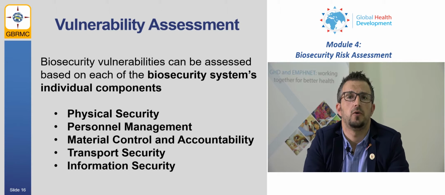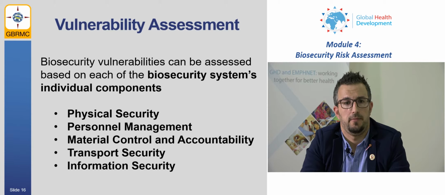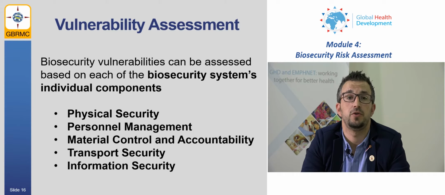And when we talk about personnel management, we talk about the security background check before hiring them, and we should also determine who will get access control, for how long, and when they will update this access control. And for material control and accountability, we will talk about the inventory system: when we will update this inventory system and who gets access to this information.